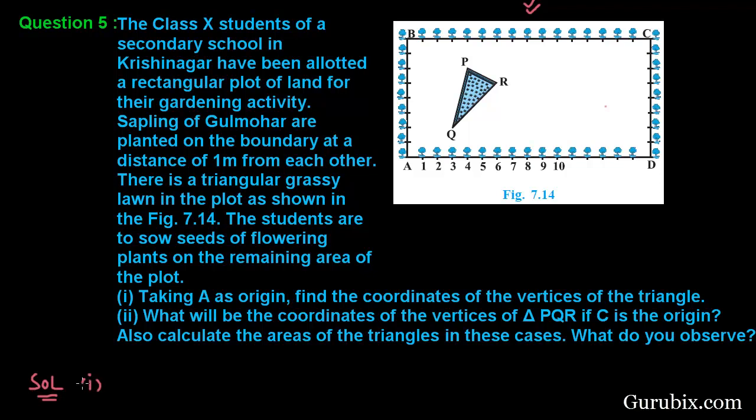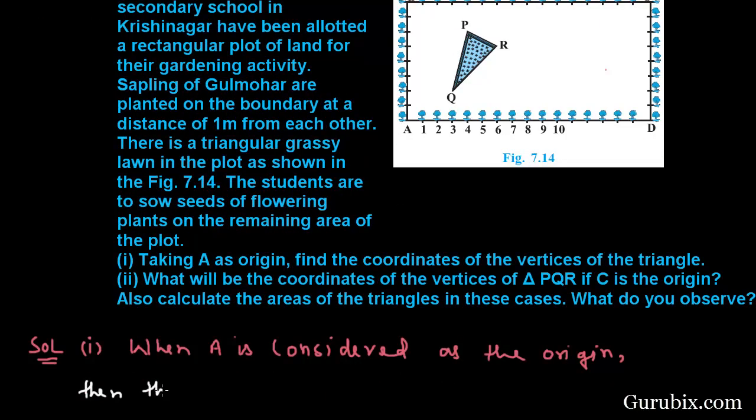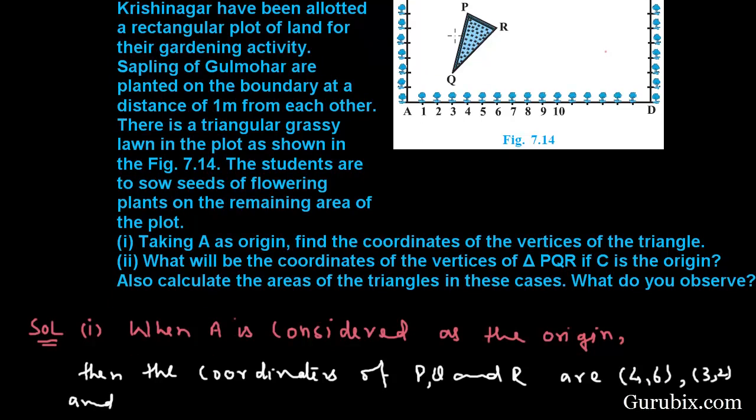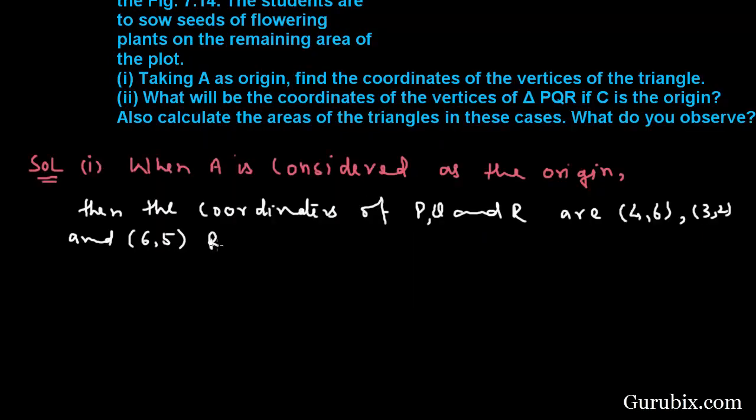We shall solve the first part when A is considered as the origin. Then the coordinates of P, Q and R are (4, 6), (3, 2) and (6, 5) respectively.